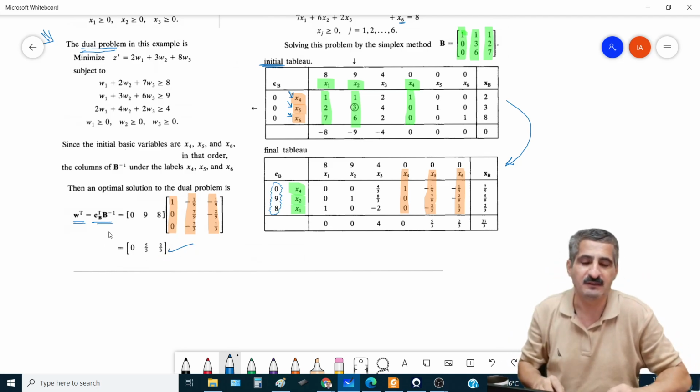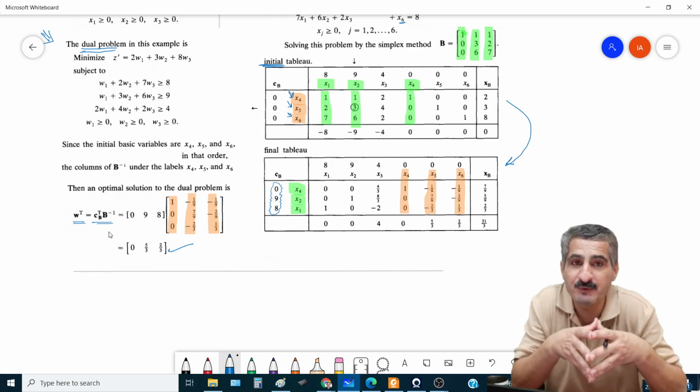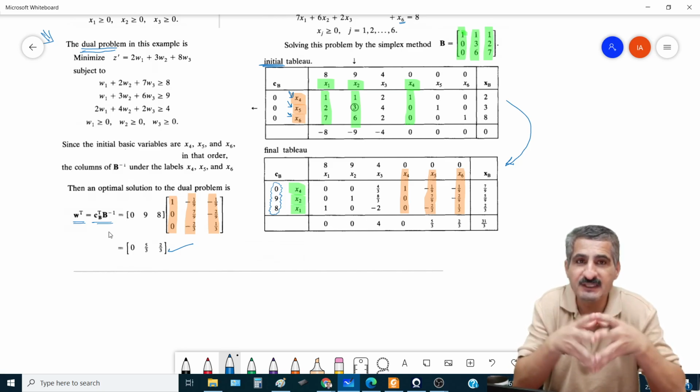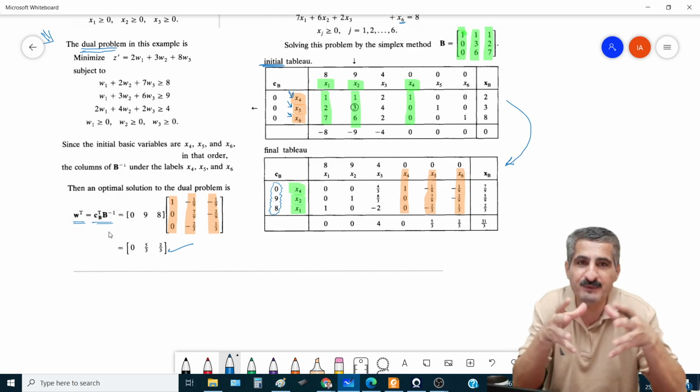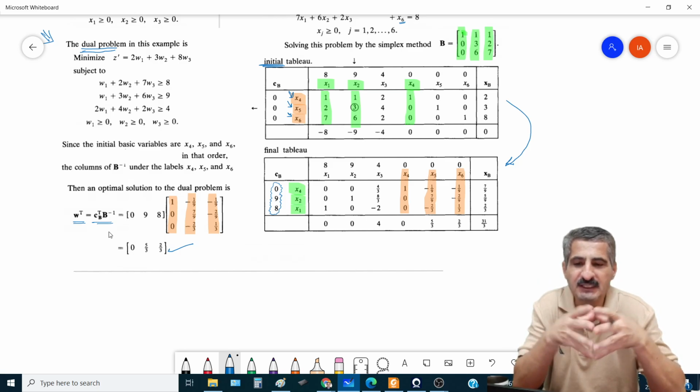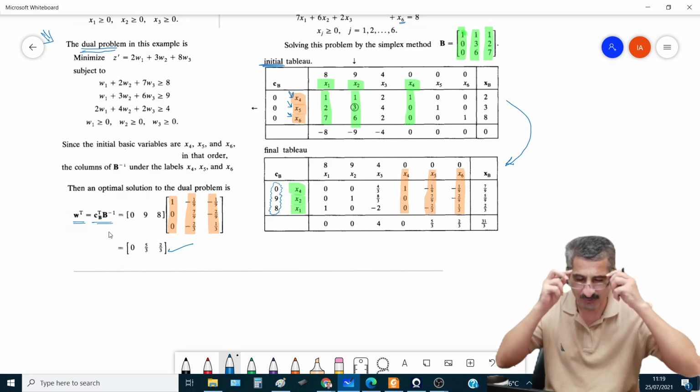So this is easy. This is how to get the solution of the dual problem from the initial and the final table of the primal problem. But so far we have discussed the case of the canonical form of the primal problem. What if the primal problem is not in the canonical form?